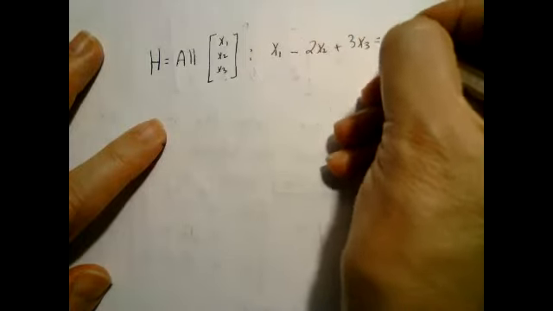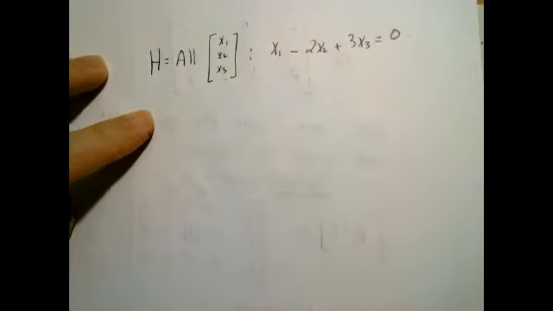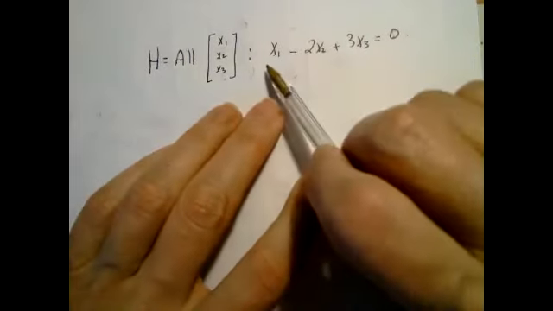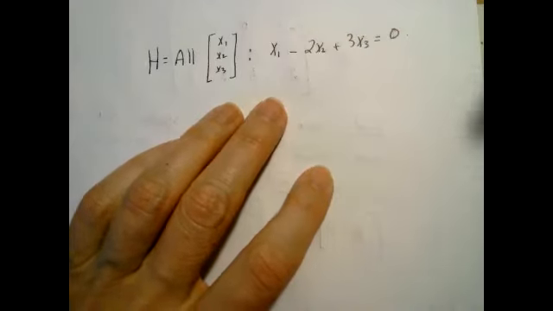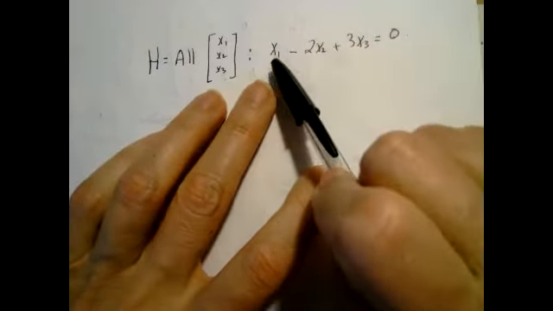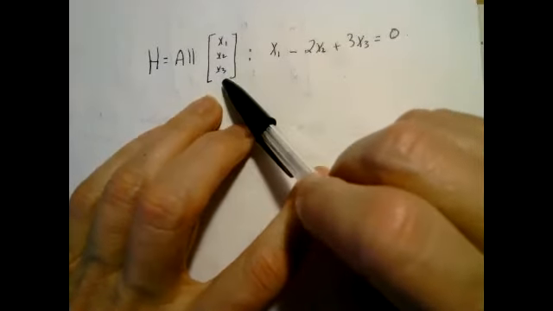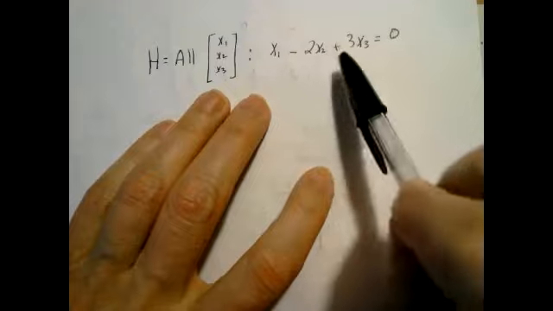So that's my subspace. Now geometrically, this is a plane through the origin. All of you who remember 261, this is nothing more than all the x, y, z such that x minus 2y plus 3z equal to 0. That's really a plane through the origin.